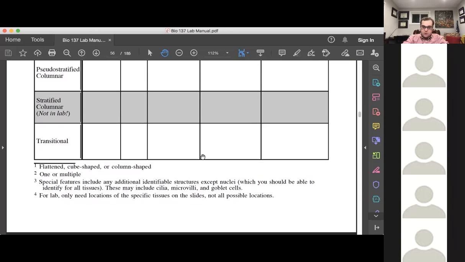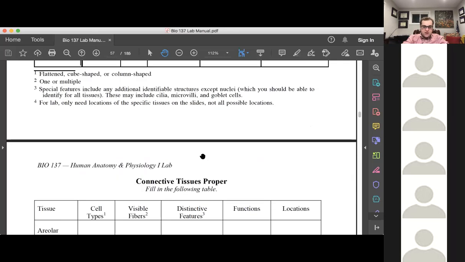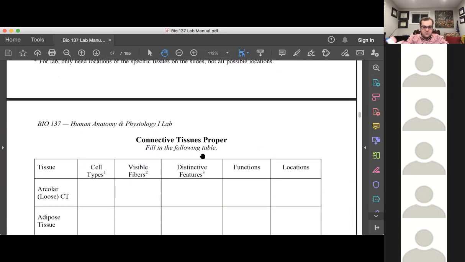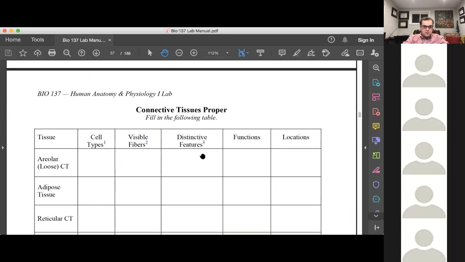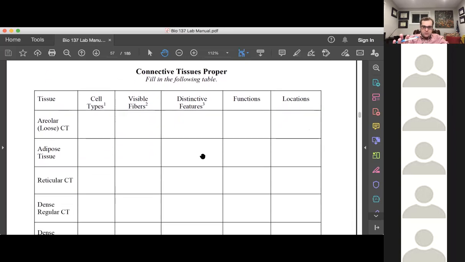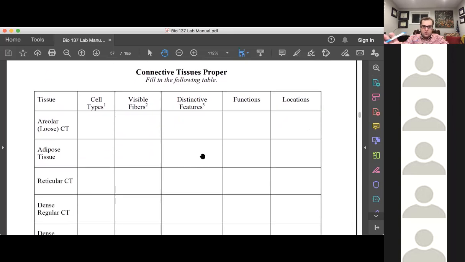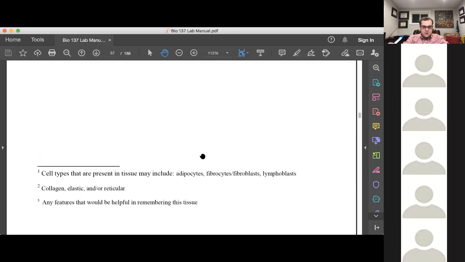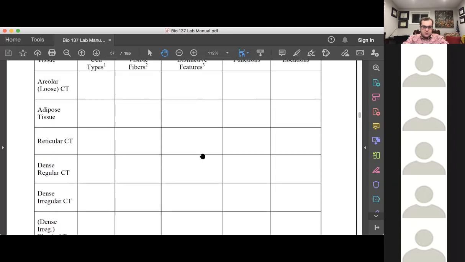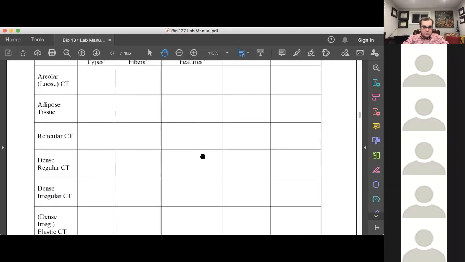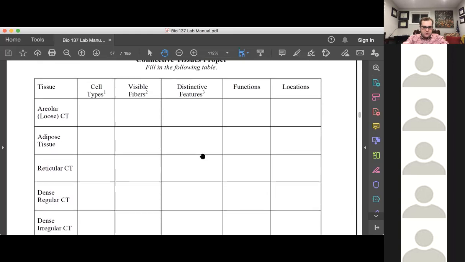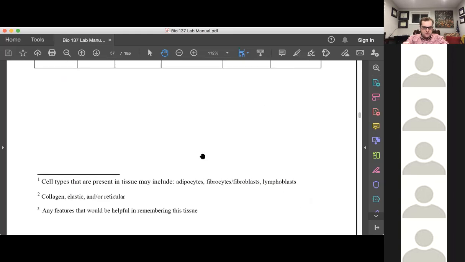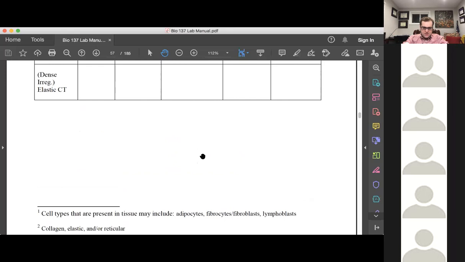I know a lot of people are, and this class is set up for a lot of memorization, just like any other introductory class. But you don't want to memorize it too much, because you have to understand why we're learning it, like the function of it. That's what I'm trying to bring in, some real world examples, to help explain why we're learning this type of information. We have the same thing here with connective tissue, and I think that's it.